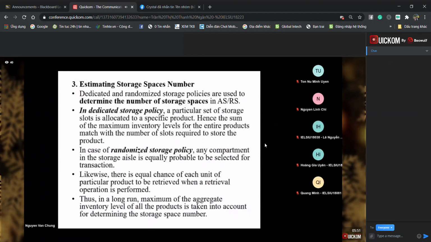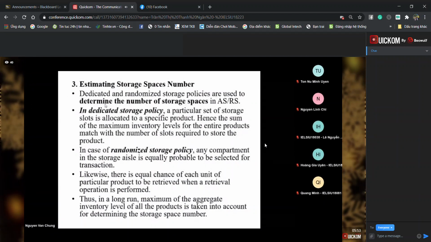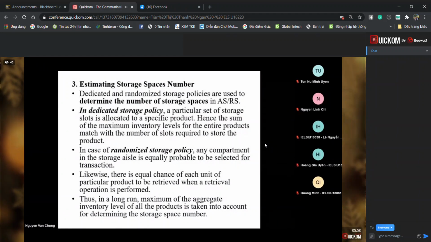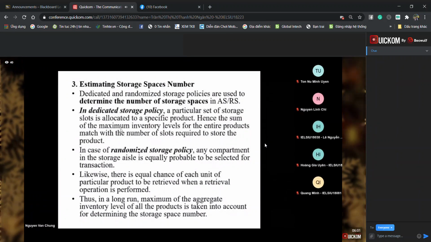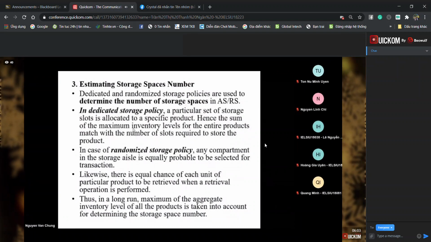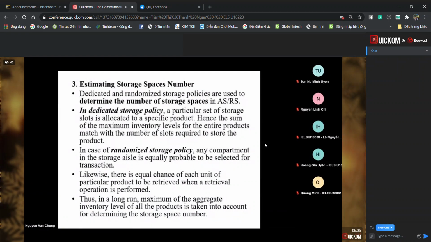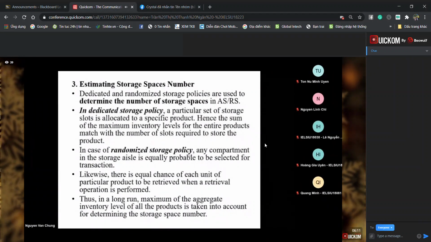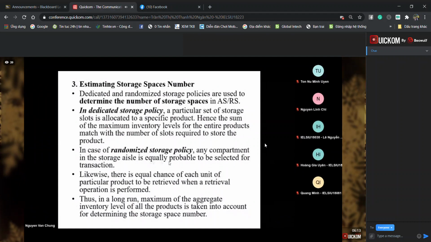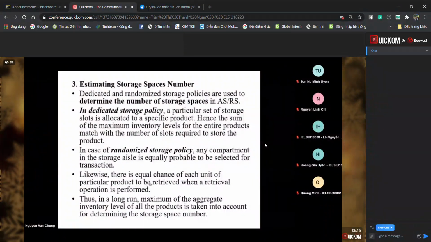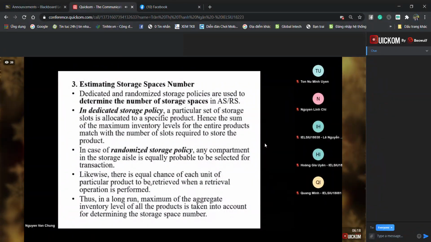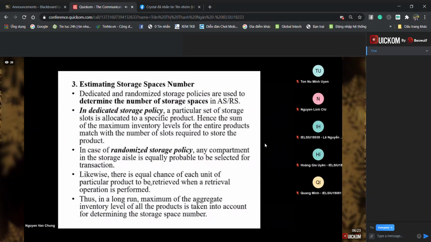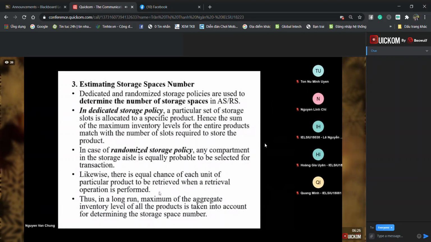So I explained it for you today: dedicated means a reserved storage place, where each product goes to its own spot. In the random storage policy, likewise, there is an equal chance of each particular product to be retrieved when a retrieval operation is performed.